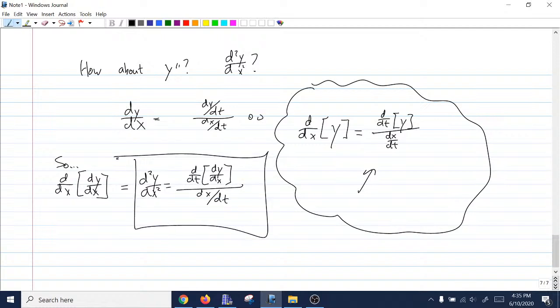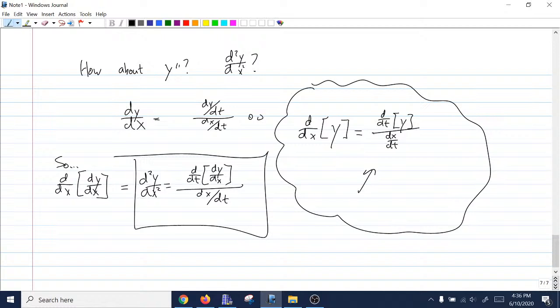Put a box around that. If you wanted the third or the fourth derivatives, you'd keep doing that. I would need to take this whole mess, the second derivative, take its derivative with respect to t, and divide that by dx dt. That would be my formula for the third derivative. I don't think I have any homework problems that ask you to go as far as the third derivative, but the pattern is sort of easy to see.